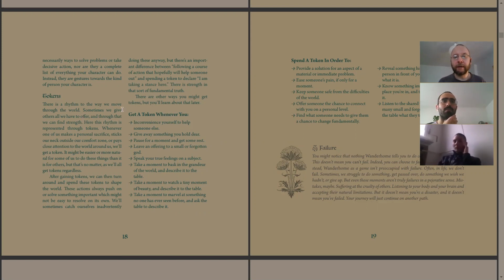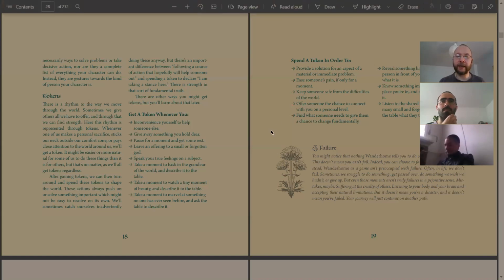While you're playing, you have tokens with you, and there are two sides to the token, which is get a token and spend a token. So issuance and spending, essentially.